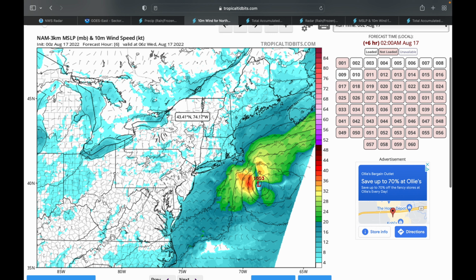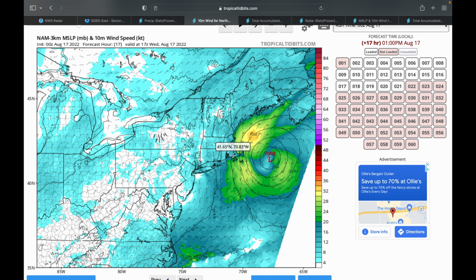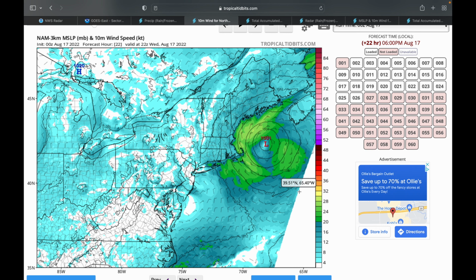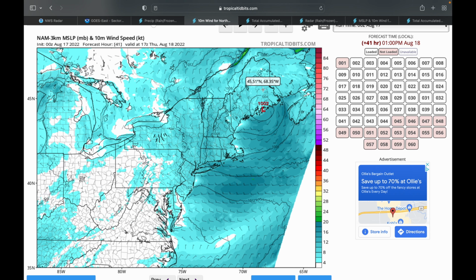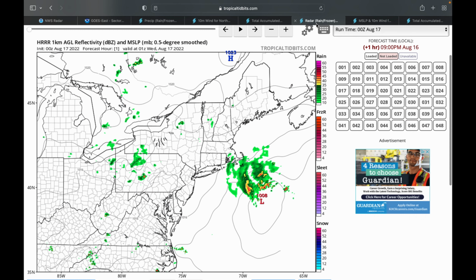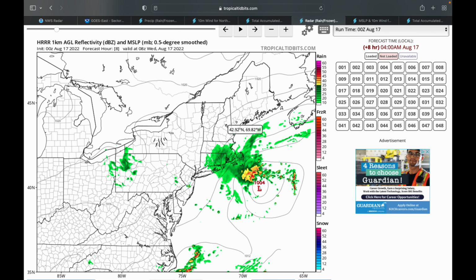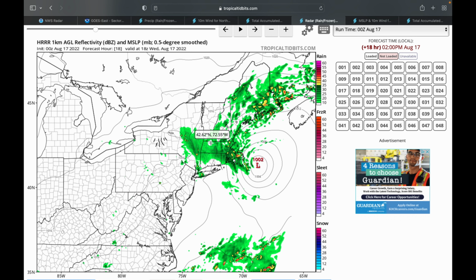You can see here as well that the winds onshore, especially in Nantucket, Martha's Vineyard, and Cape Cod, could be up to tropical depression strength, but the storm quickly weakens into Maine and you really won't have any impacts there.